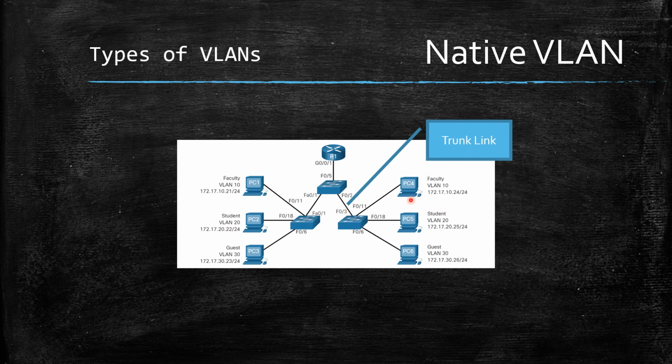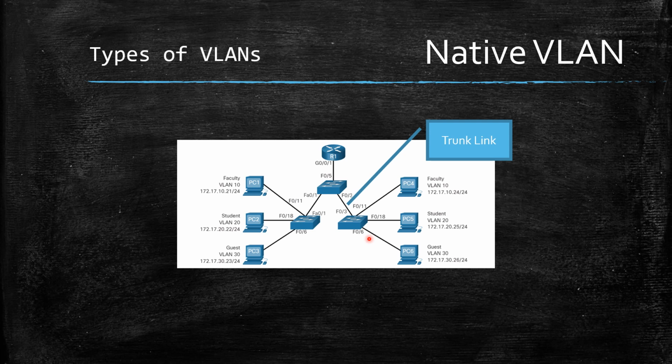Why trunk links? Because the different VLANs configured in this switch and in that switch, if they want to go from one switch to the other, can use this single link which is connecting the two network switches.